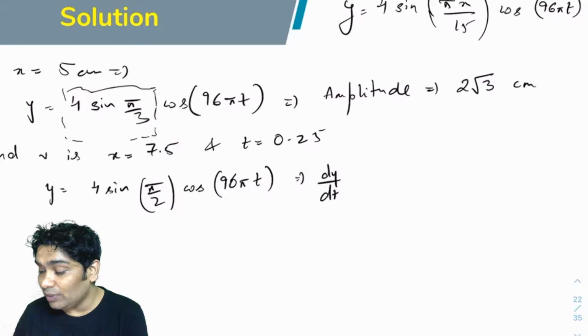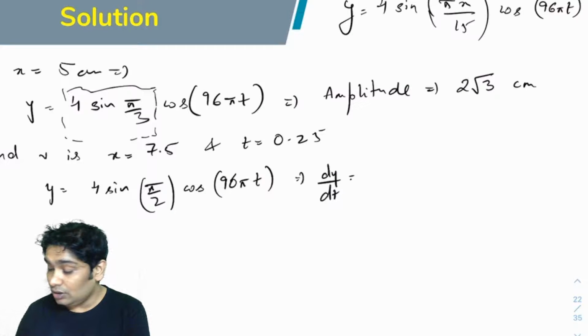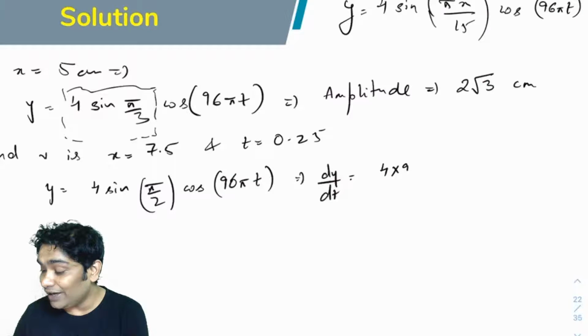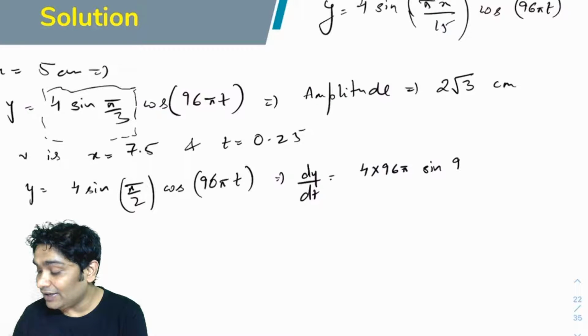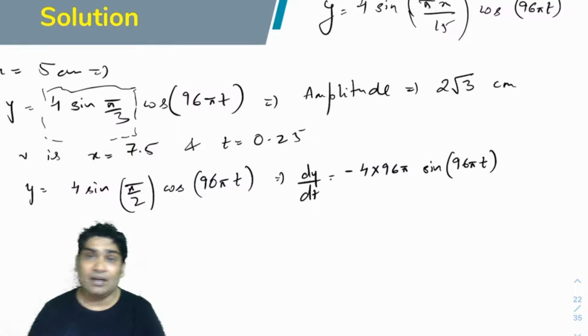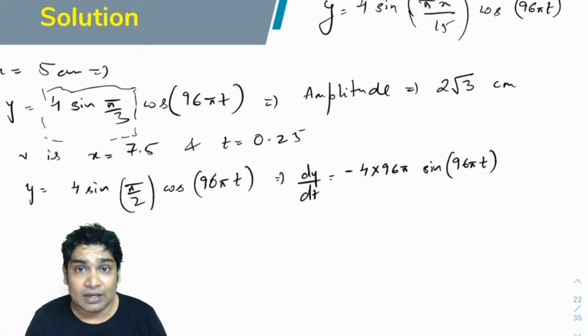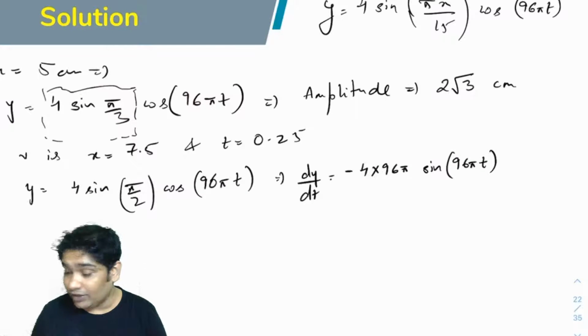Dy by dt will become 4 into 96 pi into sine of 96 pi t. This is coming with a minus sign, but the minus sign will only give me the direction in which the particle is going. So to find the value, all I need to do is substitute the value of t.